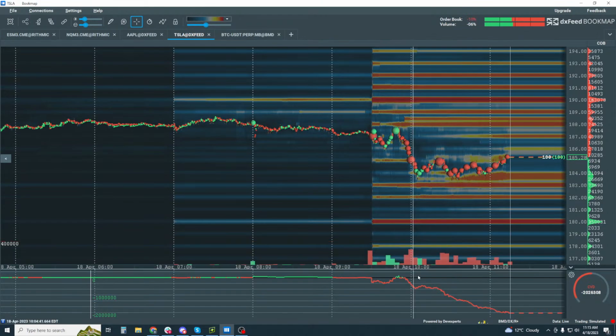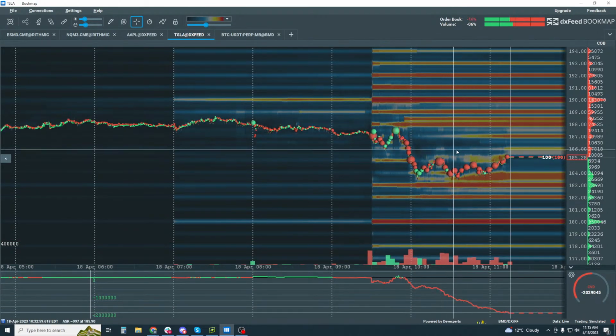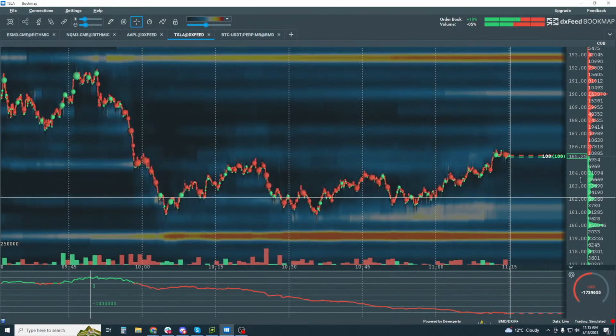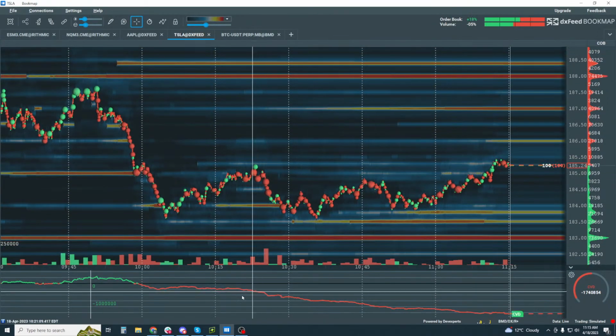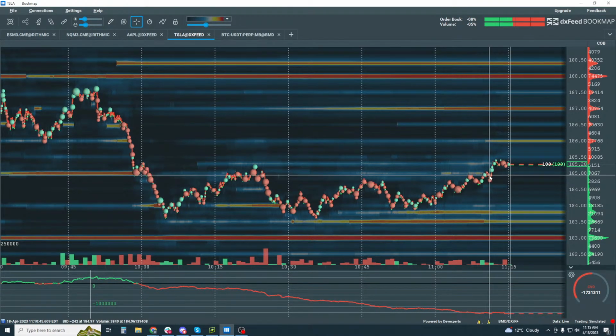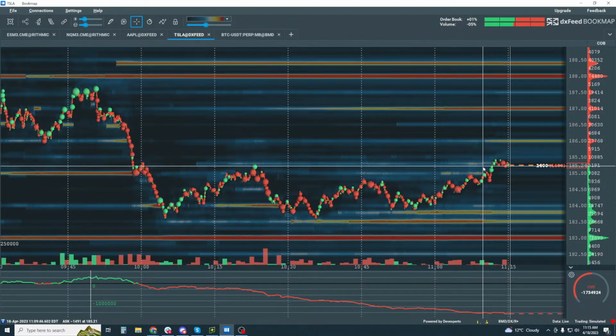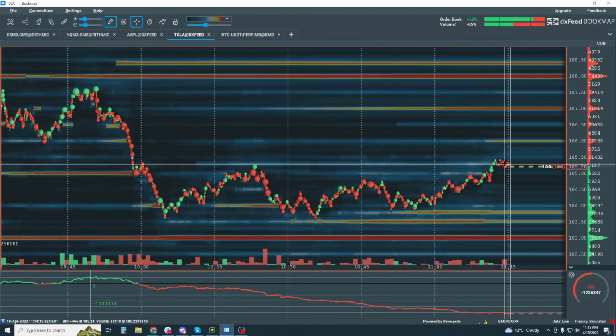Look at this divergence on Tesla, just for kicks. Tons of selling in here, right? It's just going down and down and down. But look at this, so this is pretty massive divergence. I'm really curious. We'll come back in a few minutes and look at this.